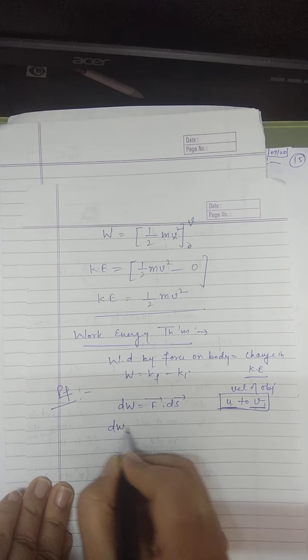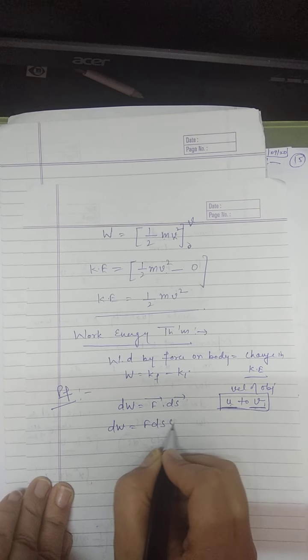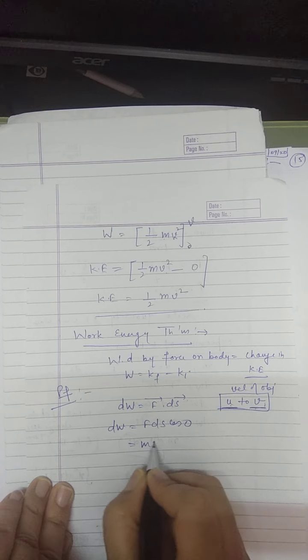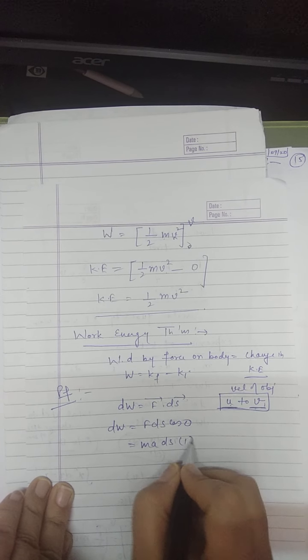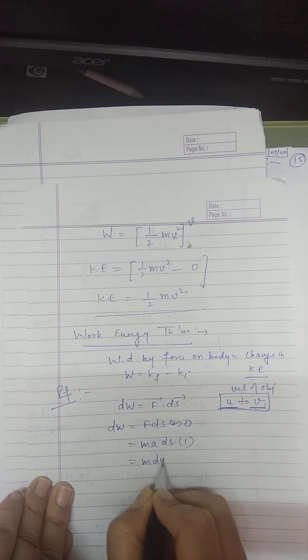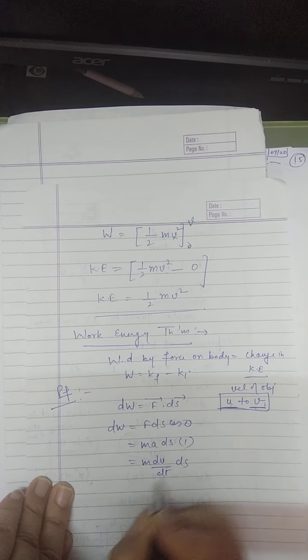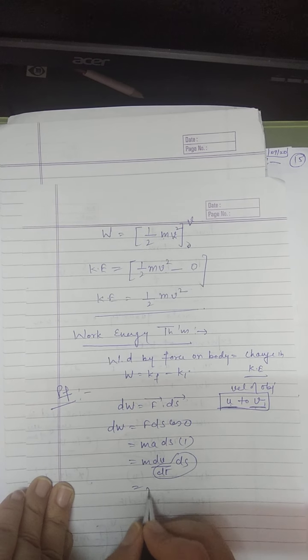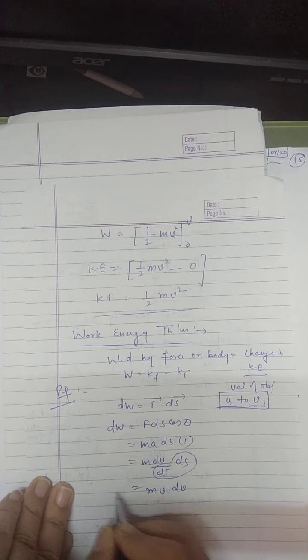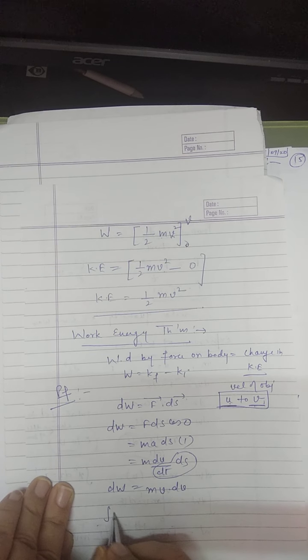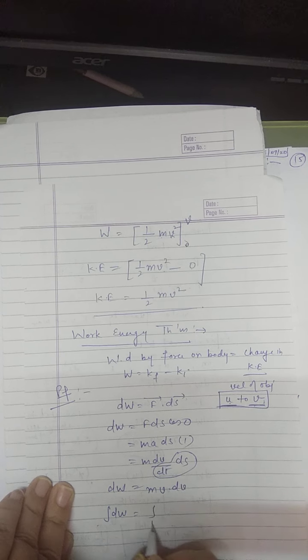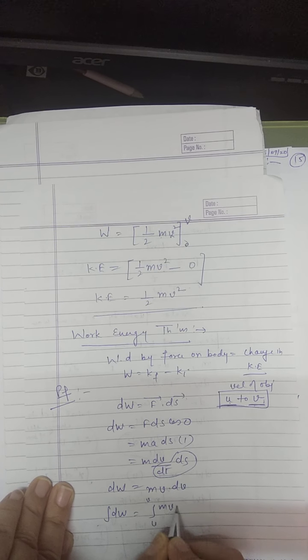So dW is equal to F into ds cos 0, right? This is m into a into ds, cos 0 is 1. This is m into dv by dt, and ds by dt becomes v, so m into v into dv. Now the total work done in changing its velocity from u to v is the integral of m v dv.